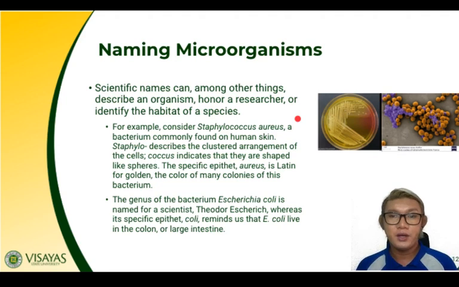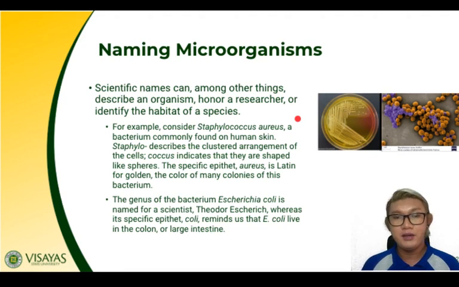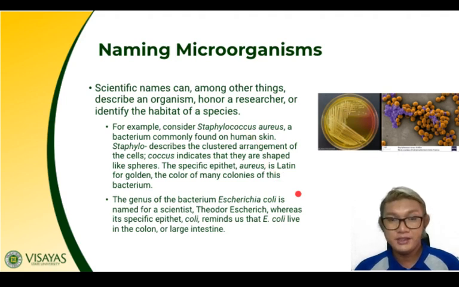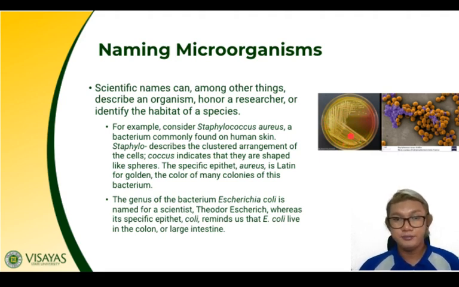In the word Staphylococcus, coccus means circular or spherical, and staphylo means a grape-like arrangement of cells. So Staphylococcus refers to the morphology of the bacterial cells. And aureus is Latin for golden; aureum is gold. So when you culture this Staphylococcus aureus under specific culture media, it will produce golden colonies. That's why it is called Staphylococcus aureus.